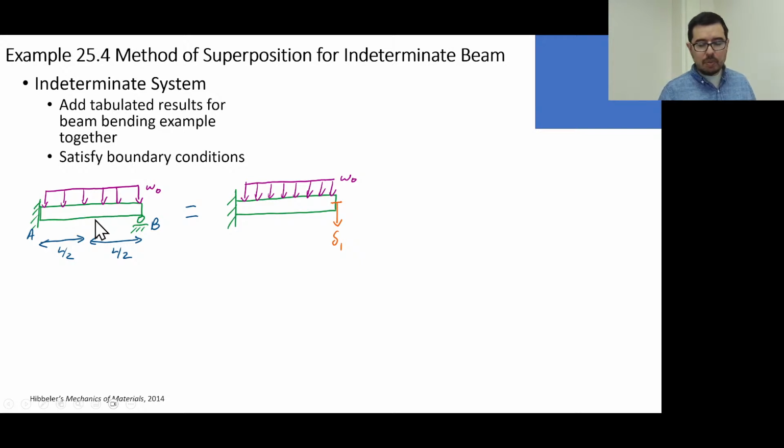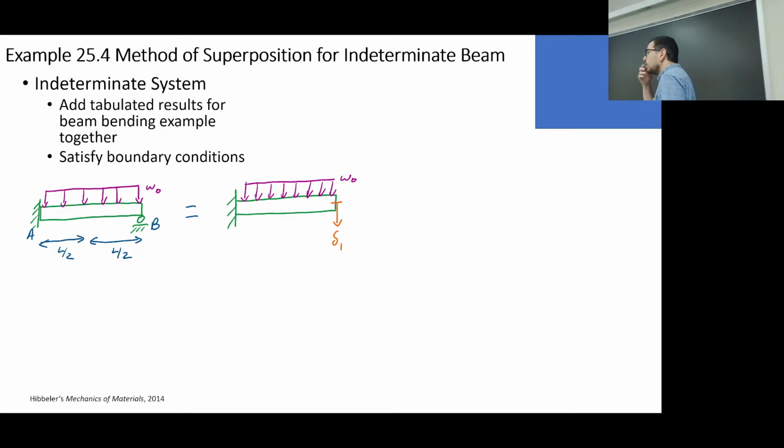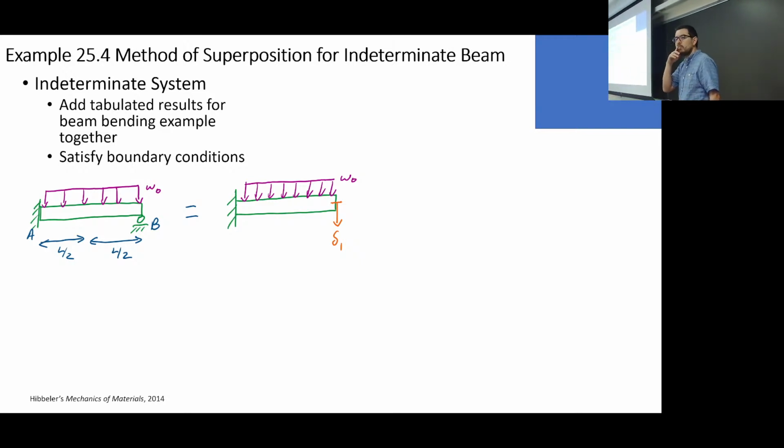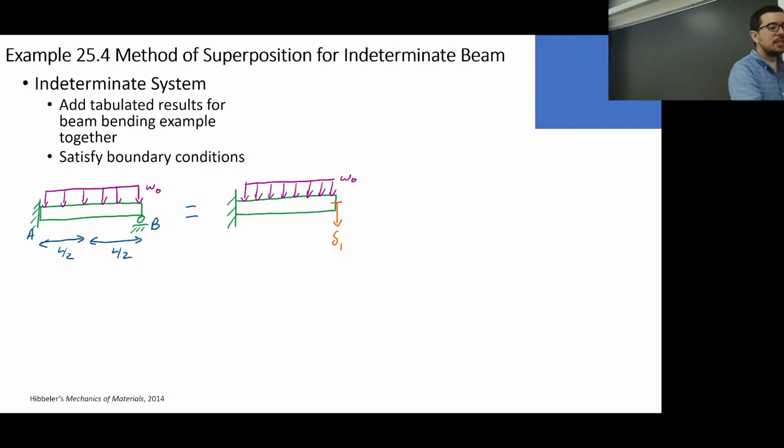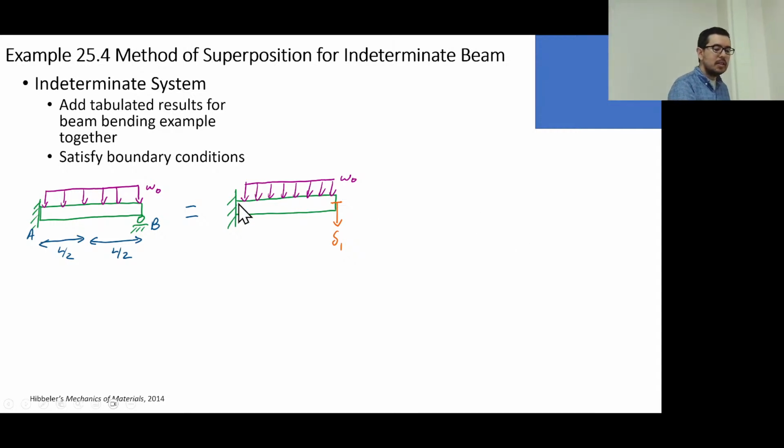But even before I get to figuring out the displacement at any location here, what am I going to add to this to kind of make it the same? Essentially I need equivalency, right? I need something here to be equivalent to this. This obviously is, so I've removed that. What is this applying? Or what was this roller applying?